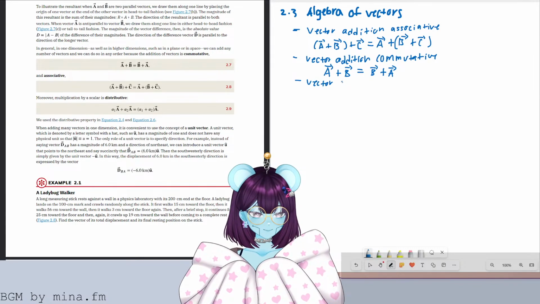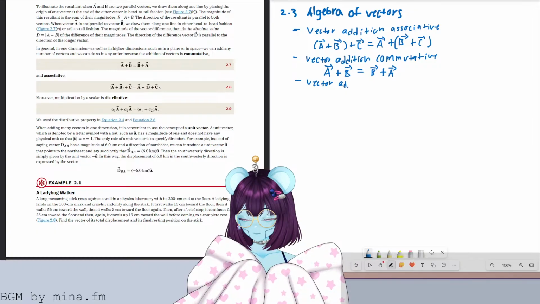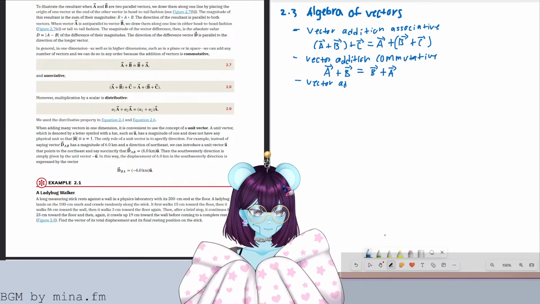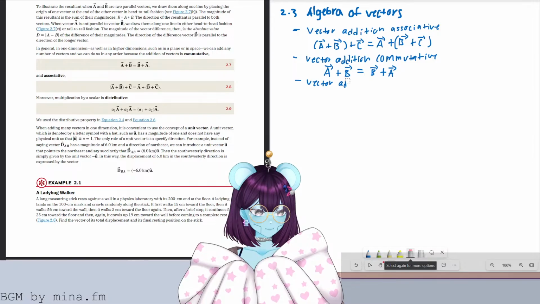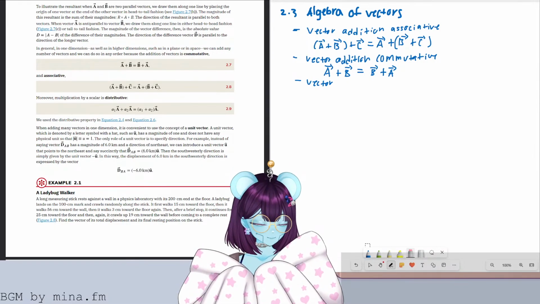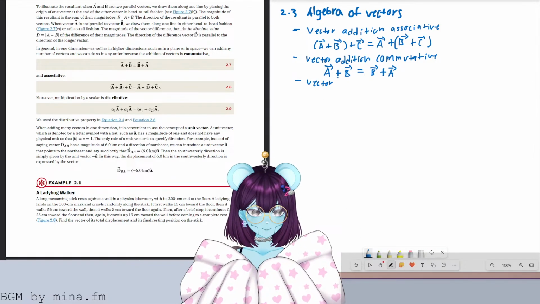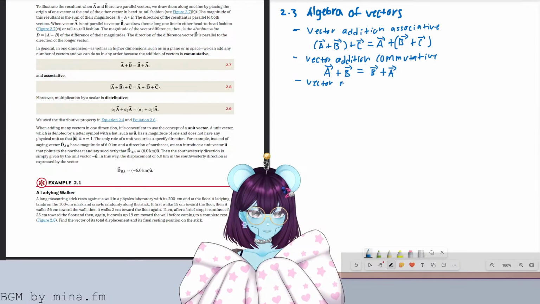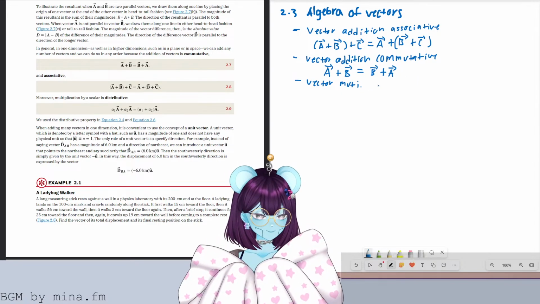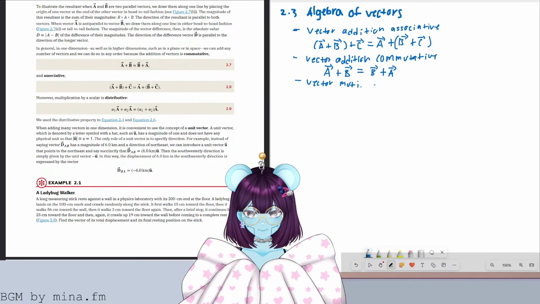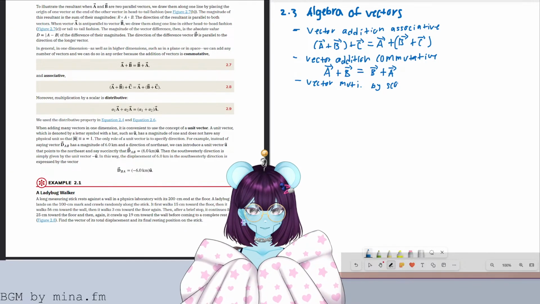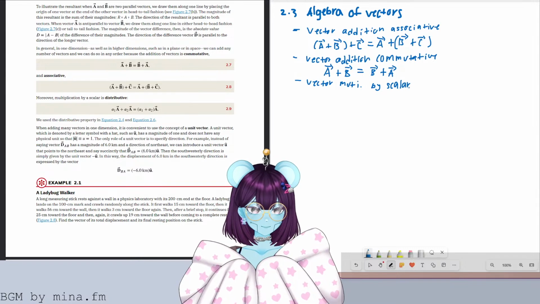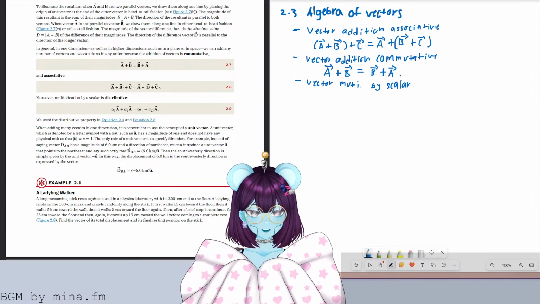Vector addition. However, multiplication is scalar distributive. It should be multiplication. So when it says vector multiplication, I'm just going to call it multi and put a dot. Once you multiply a singular value into the vector, it is distributive.